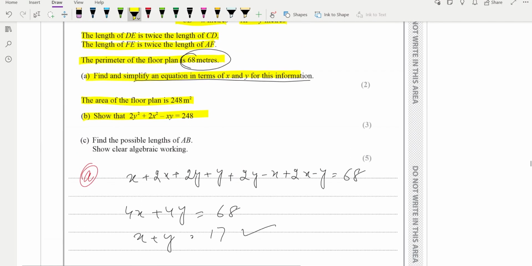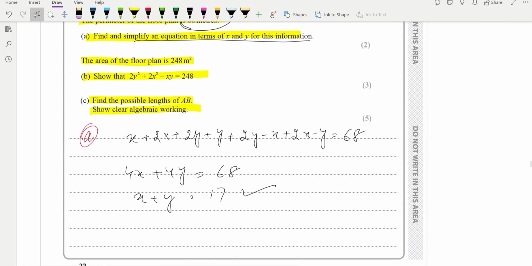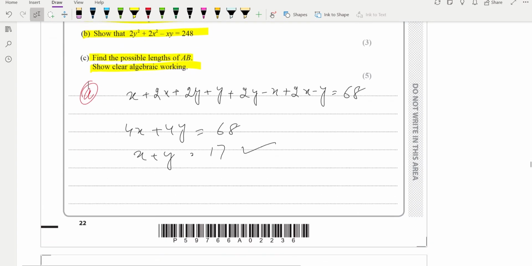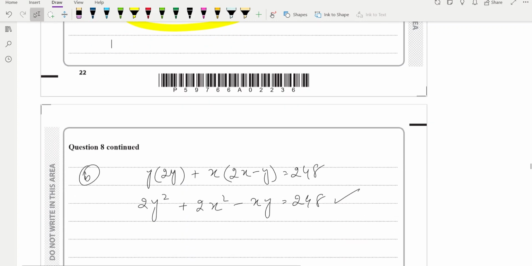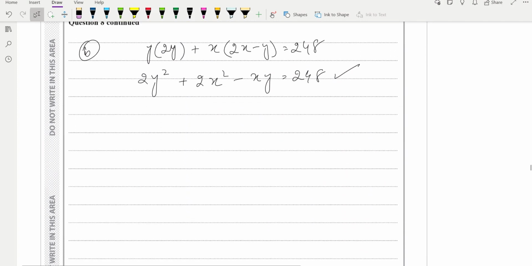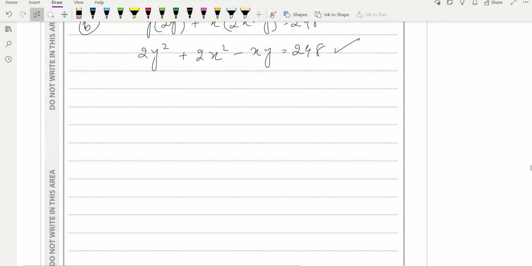And C part says find the possible lengths of A, B, show your clear algebraic working. What we can do is take the part A result, x plus y is equal to 17. So C part, x plus y is equal to 17.